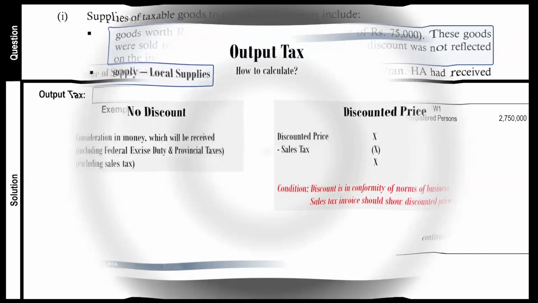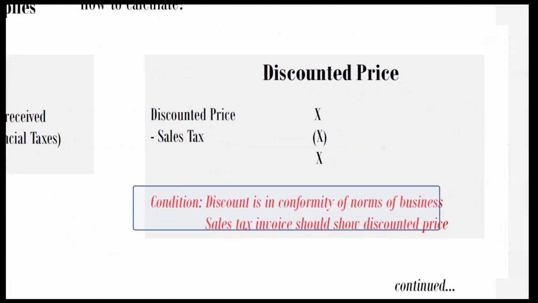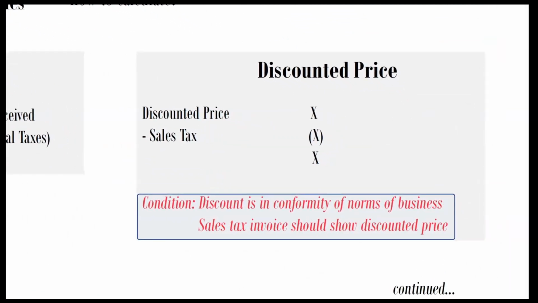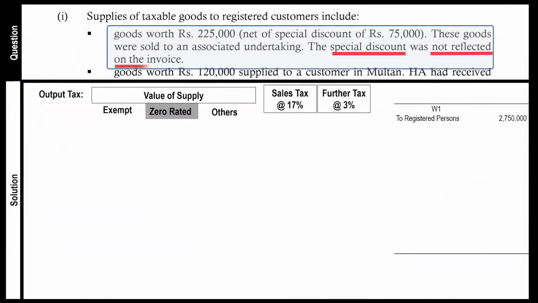Recall notes slide for value of supply. Sales tax will be charged on discounted price only if your sales fulfills 2 conditions. First is that the discount should be in accordance with norms of business. And second is that the discounted price must be mentioned on invoice. Move back to your solution. Do you see any violation? Yes.